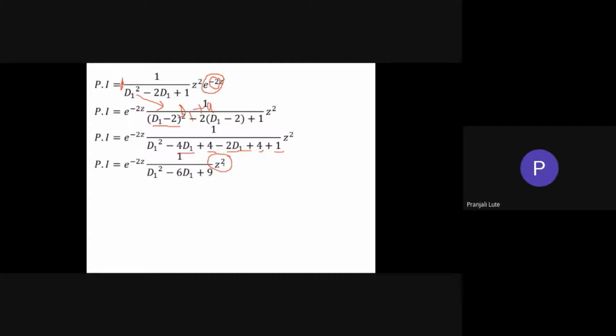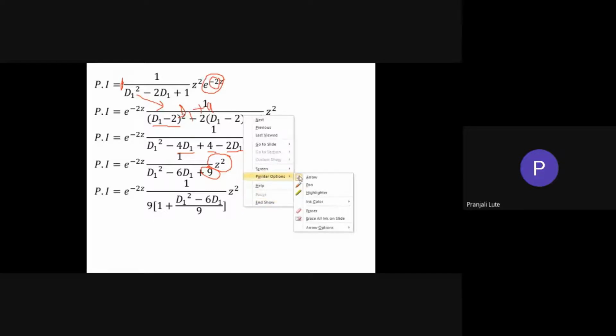So we have to take this lowest degree term common. In the next step, we write 9 as the lowest degree term, and in place of 9 write 1 plus the whole term, D1 square minus 6D1 upon 9.